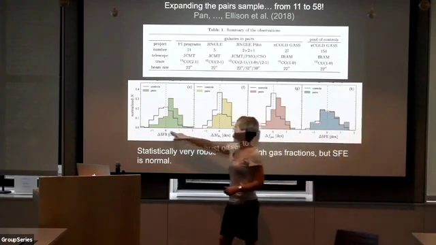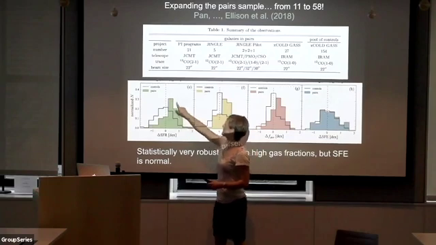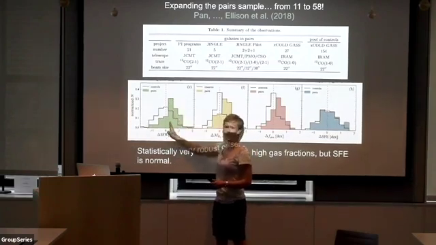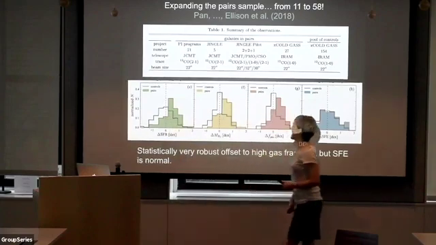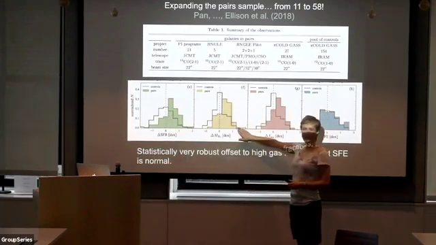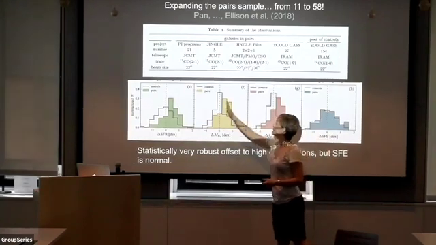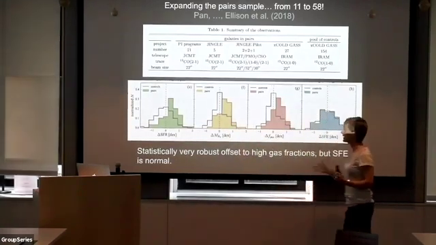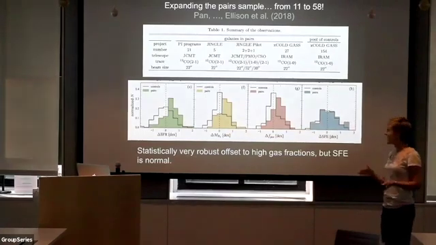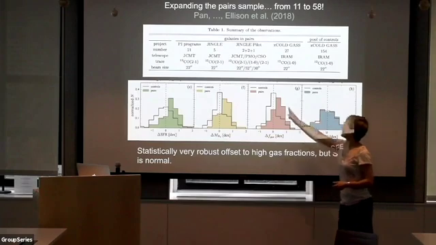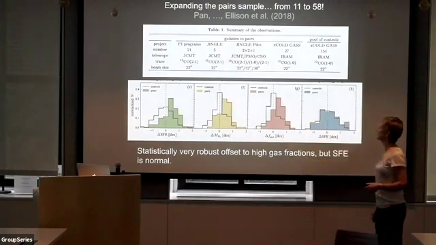We still see an offset in terms of the star formation rate. This delta SFR has a positive value on average. Here is the difference in the molecular gas masses. We actually reproduce the same positive offset, a factor of 2 to 3 higher gas masses in these pairs, which you also see in the total gas fraction.